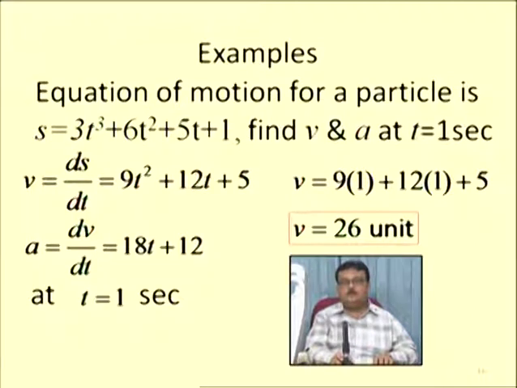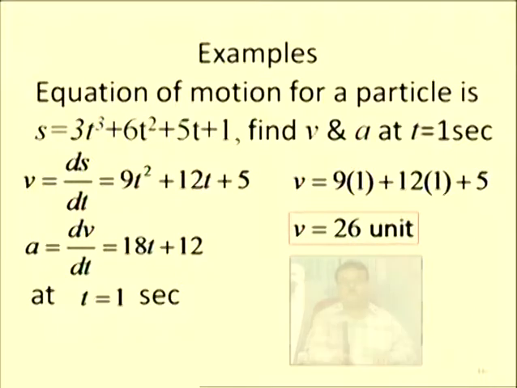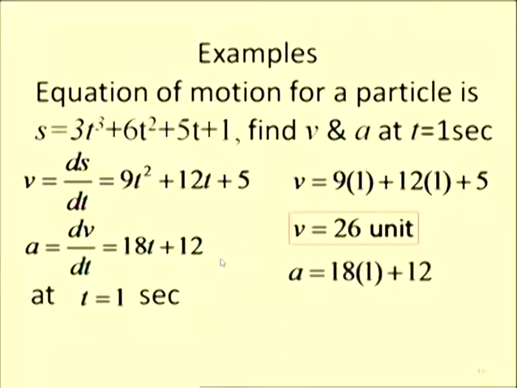So t is 1 second, so it will be either meter per second or centimeter per second. Now let us get the value of a. So here if we put t is equal to 1 in this equation, 18 into 1 plus 12, it is 30. So acceleration is 30 units.